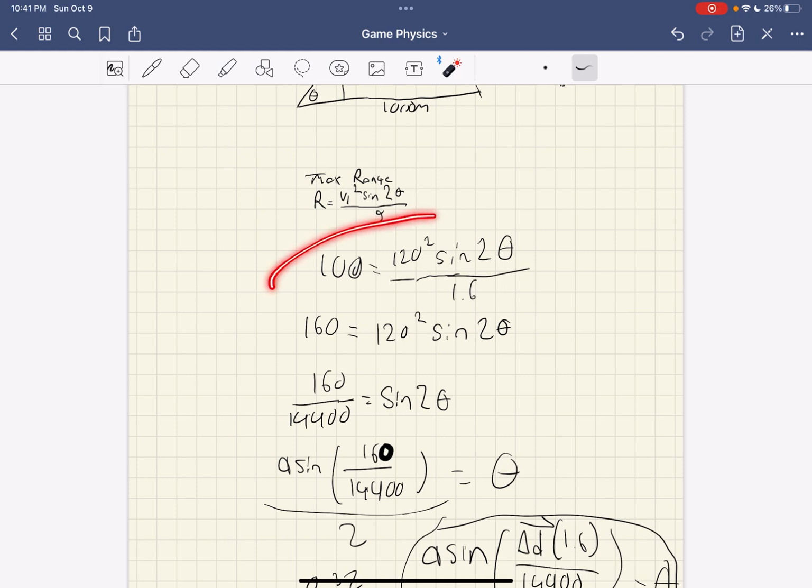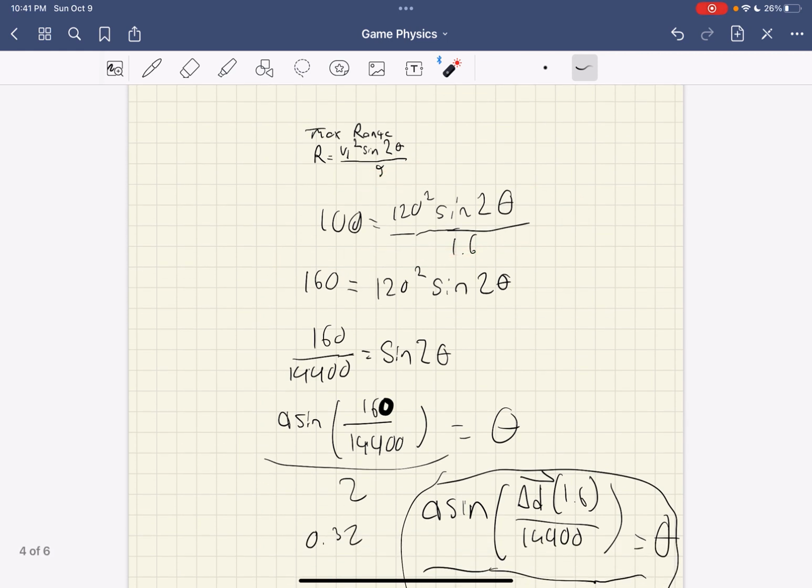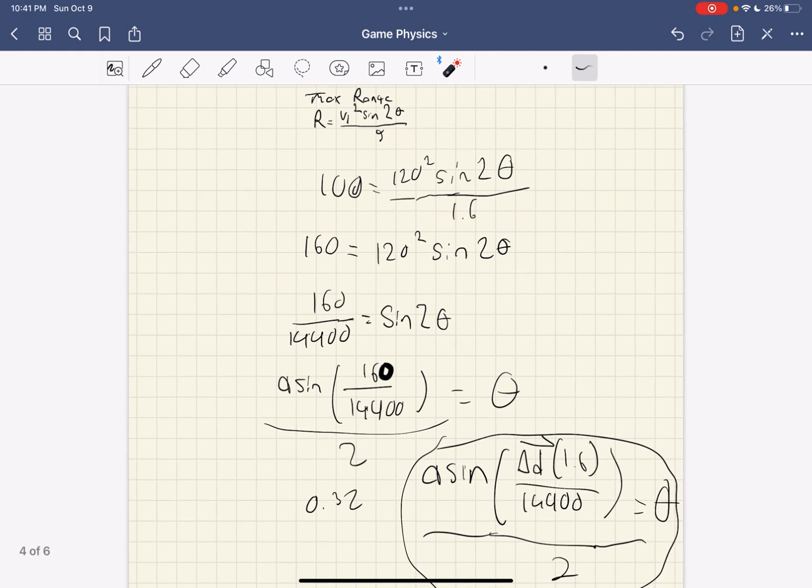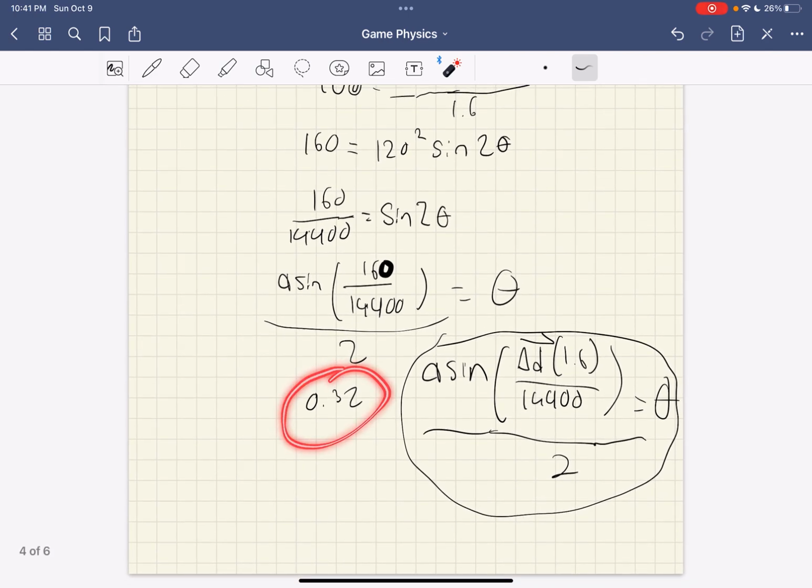So just plugging that in, I'm trying to see if this works. So I just kind of rearrange it and see what it gives me, which it gave me 0.32 degrees, which I thought might be wrong, but subbing it back in gives me the same answer, and then checking other distances worked as well.